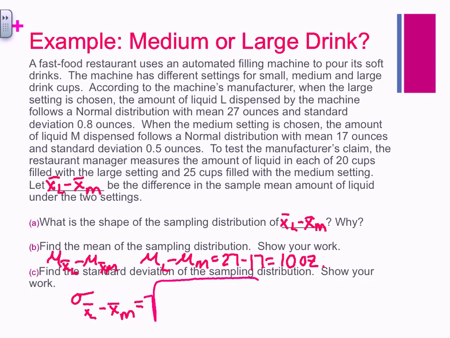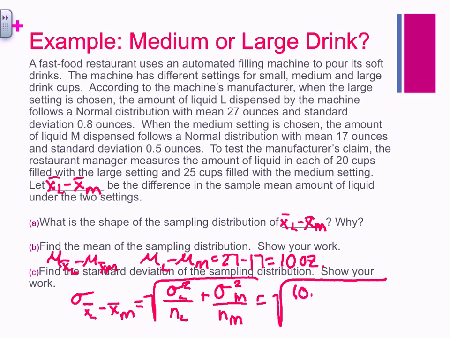The standard deviation of the large was 0.8 with 20 cups, and for the medium 0.5 with 25 cups. This is going to get you a standard deviation of 0.205 ounces.